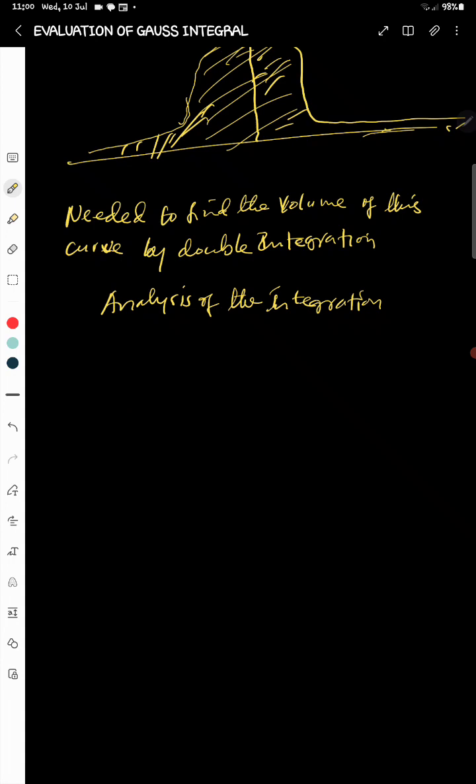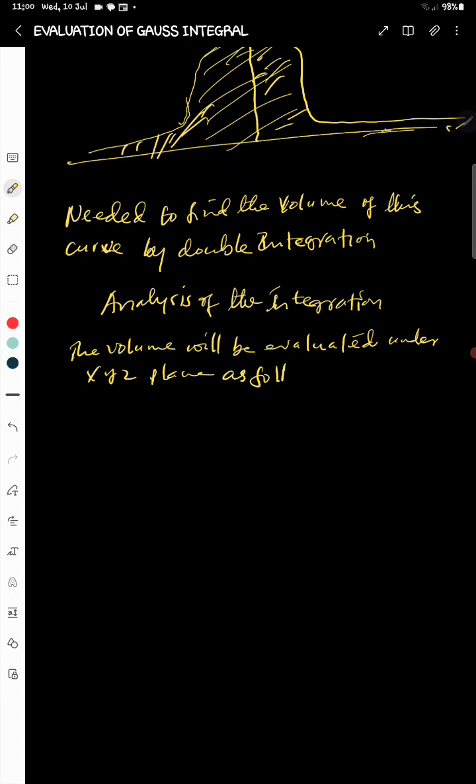We are having this x, y, z plane. The volume will be evaluated under the x, y, z plane as follows.